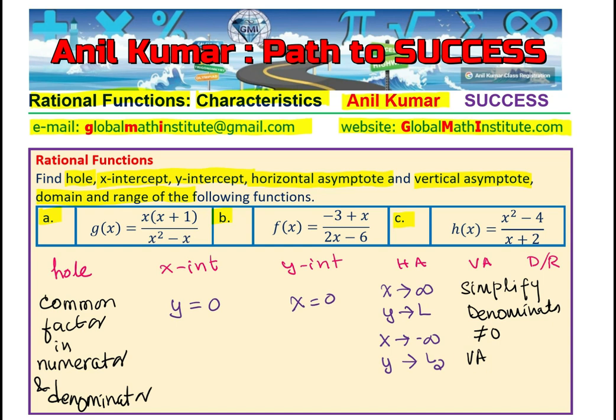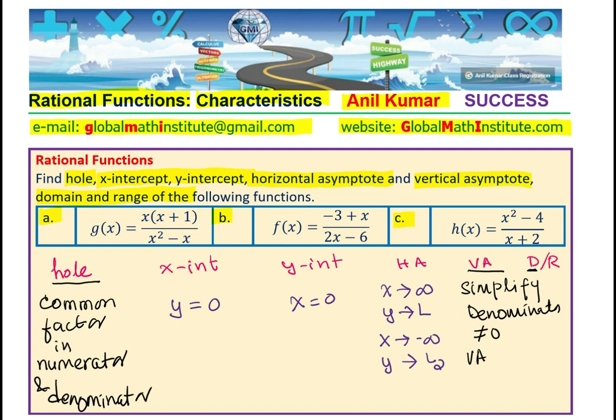However, in domain, we will not include the hole and we will not include the vertical asymptote. Makes sense, right? So those are the points which are not included for domain, right? And if the graph is not crossing the horizontal asymptote, then the range will not include the horizontal asymptote because we are approaching that value, correct?